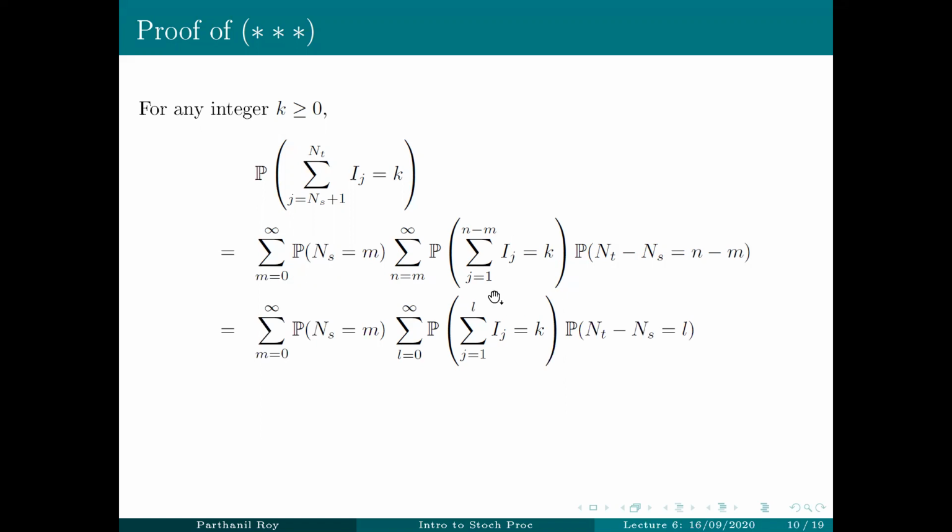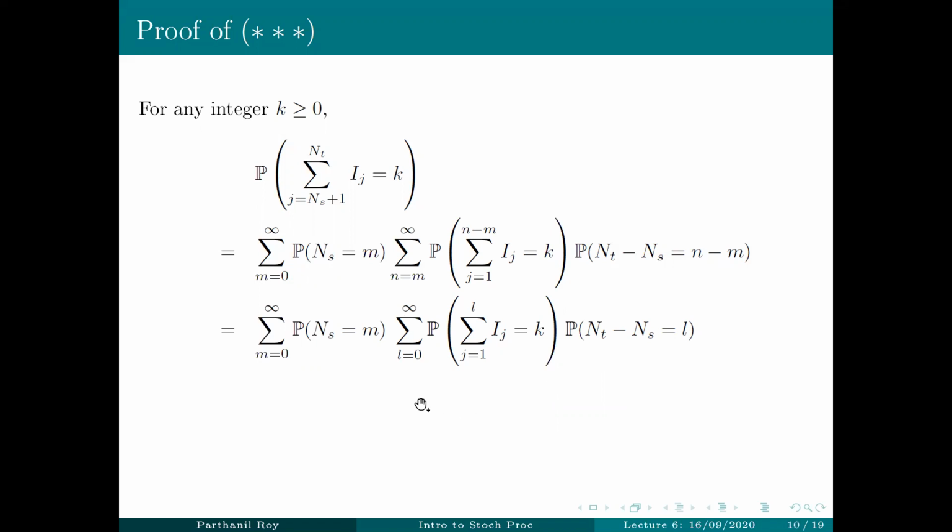Then inside, this will run from 1 to L. Wherever we see n minus m, it becomes L now. And here also this becomes L: N_t minus N_s is equal to L. And then the sum is running from L equals 0 to infinity.